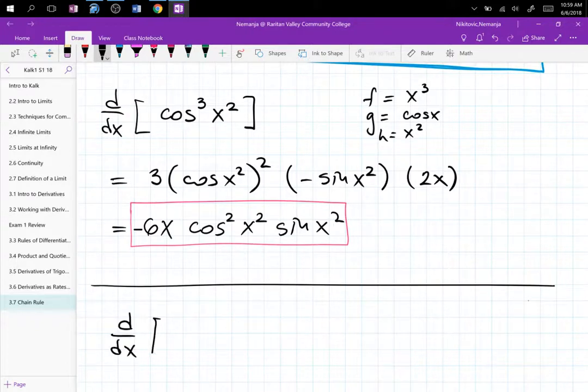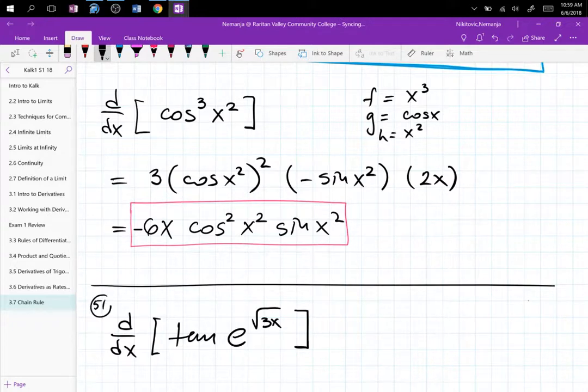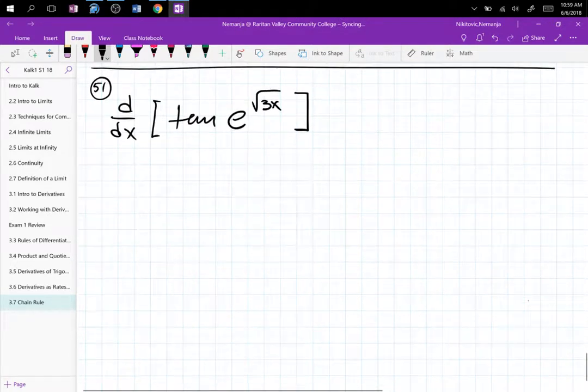Find the derivative of tangent of e to the square root of 3x. This is problem 51 in your textbook. Please decompose, okay? So decompose this and then do the rest.